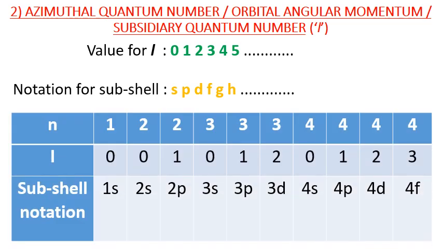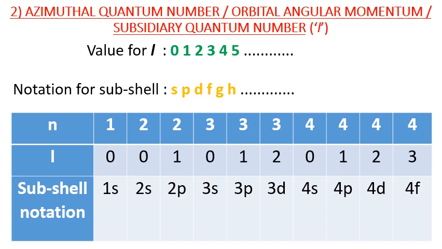If n value is 1 and l value is 0, then the subshell notation is 1s. If n value is 2, l value is 0, the subshell notation is 2s. If n value is 2, l value is 1, then the subshell notation is 2p.